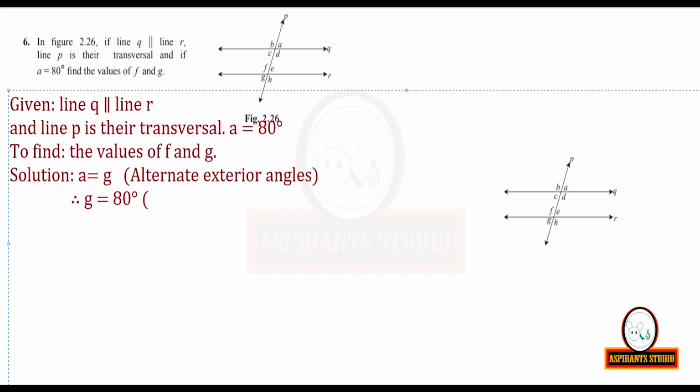So, when you substitute the value of A to be 80 degrees in A is equal to G, you will get the value of G as 80 degrees. You have to write the reason by the side since A is equal to 80 degrees.